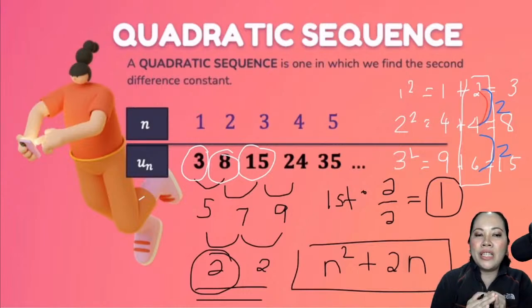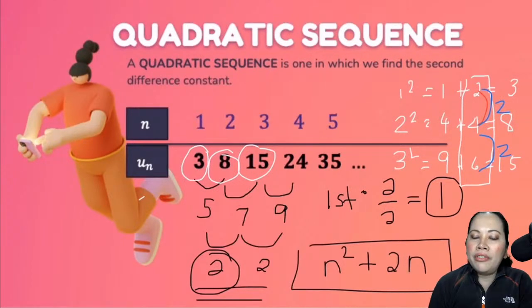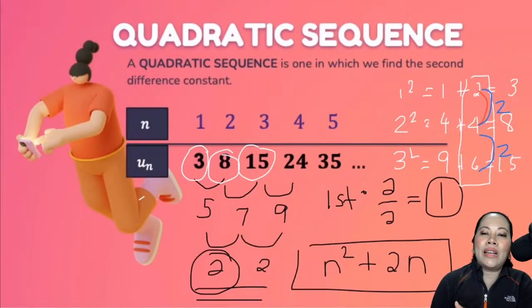So the first step is to find the common difference up to the second, and then you divide it by 2. The second step is you substitute the position term, and find what number you add or subtract to get the first, second, and third term. Then you find if there is a common difference; the common difference will be the second number. If it is all the same number, that will be the c, or the last number.